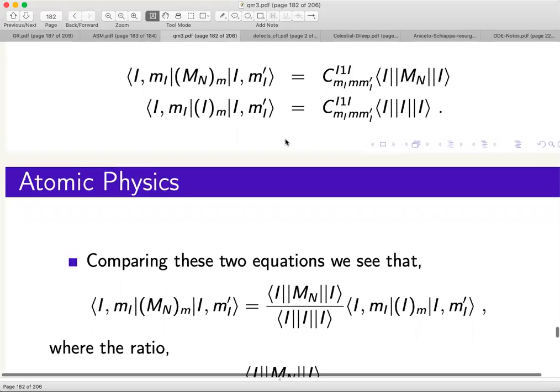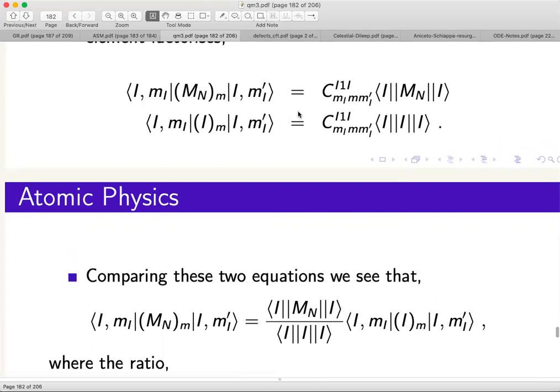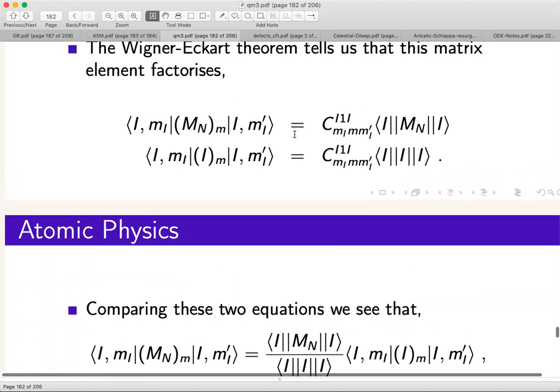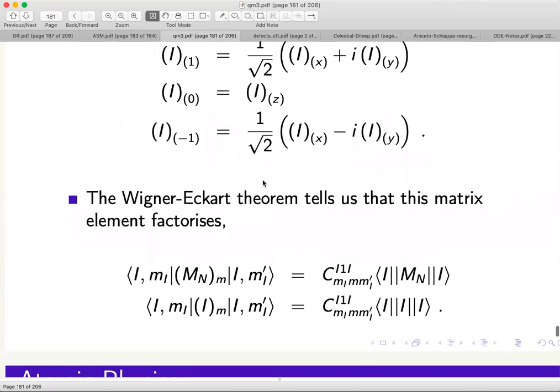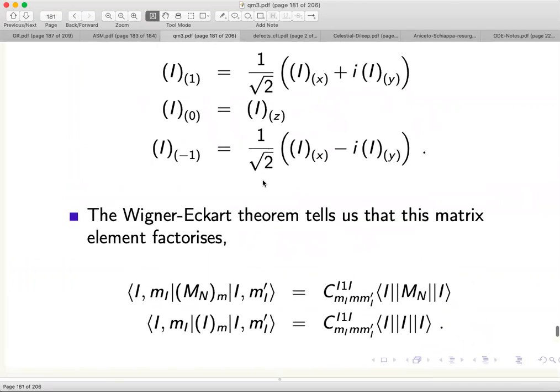Sir, this first term: any state which has a total angular momentum L is an eigenstate of this Mn square, the summation of Mx square plus My square plus Mz square.